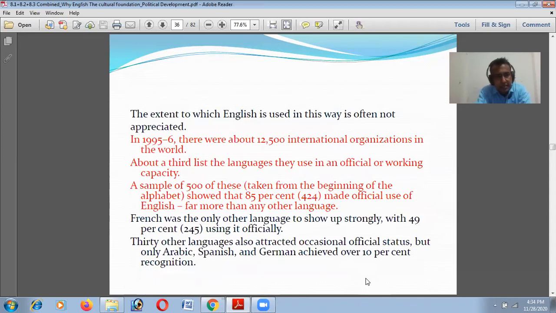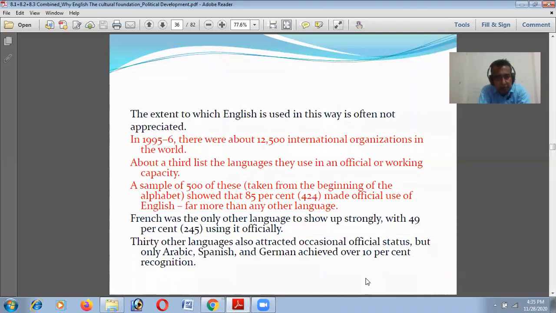In 1995 to 6, there were about 12,500 international organizations in the world, and about a third list the languages they use in an official or working capacity.